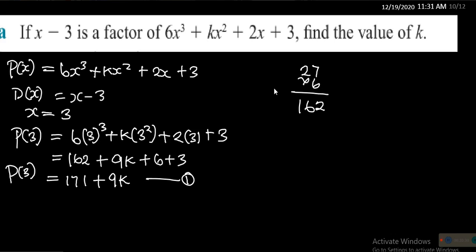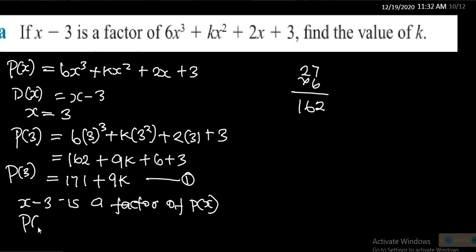So remember that if x minus 3 is a factor of 6x cubed plus this, find the value of k. Remember that since x minus 3 is a factor of p of x, then p of 3 will be equal to 0.